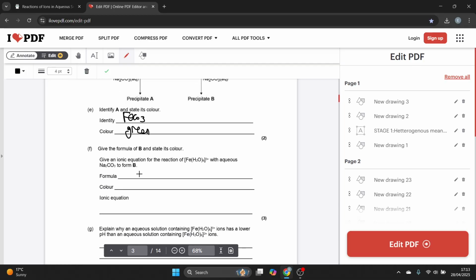The formula of B is going to be Fe(H2O)3(OH)3. It says the formula, so I'm not going to include the number of moles. Fe(H2O)3(OH)3. Color: brown.